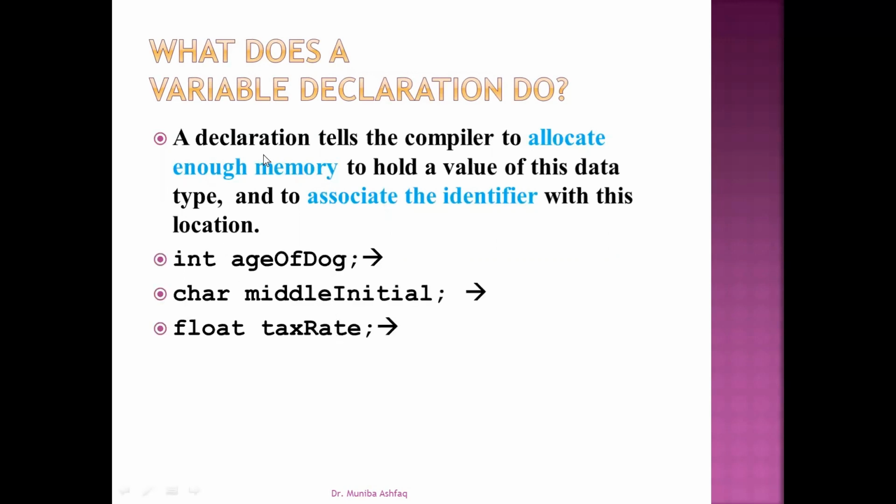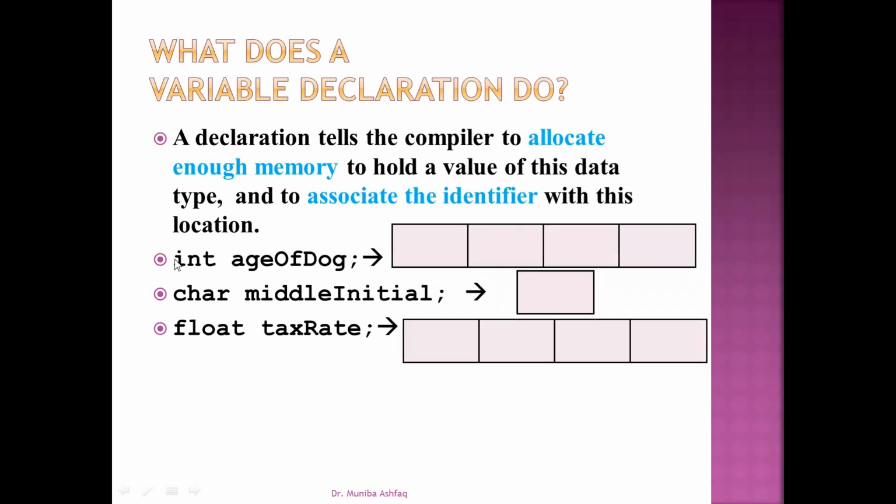These are examples of a variable declaration. Here we specified the name of the variable, and we also specify the type of this variable.